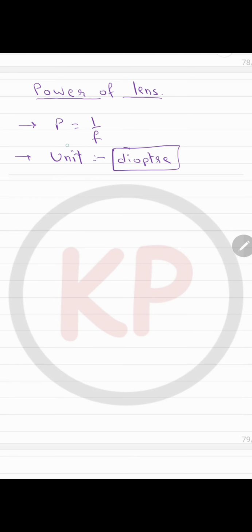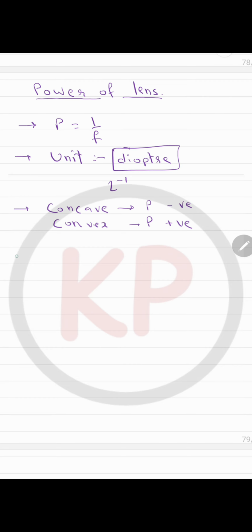So the unit of power of lens is diopter. Its dimensional formula will be L^-1, length inverse. For concave lens, power is always negative. If it is convex, power is always positive.